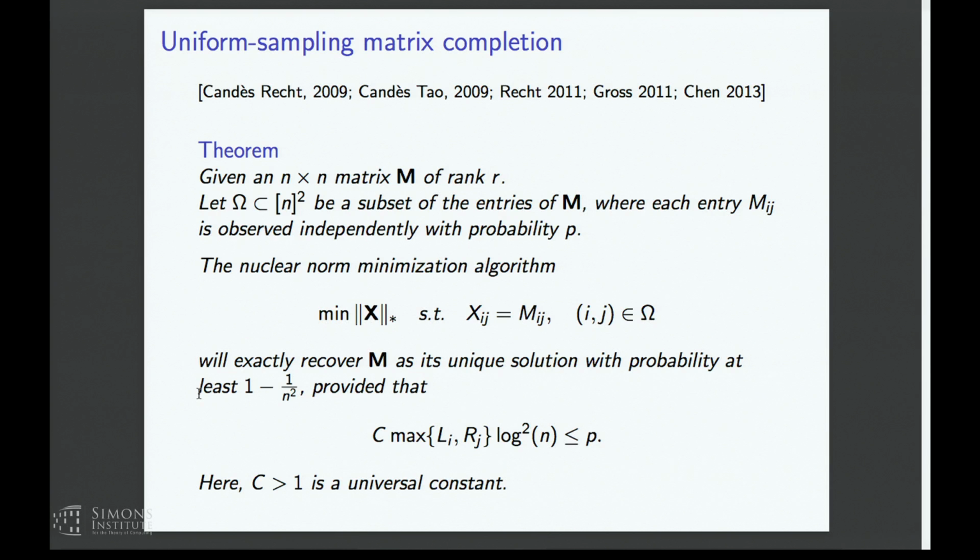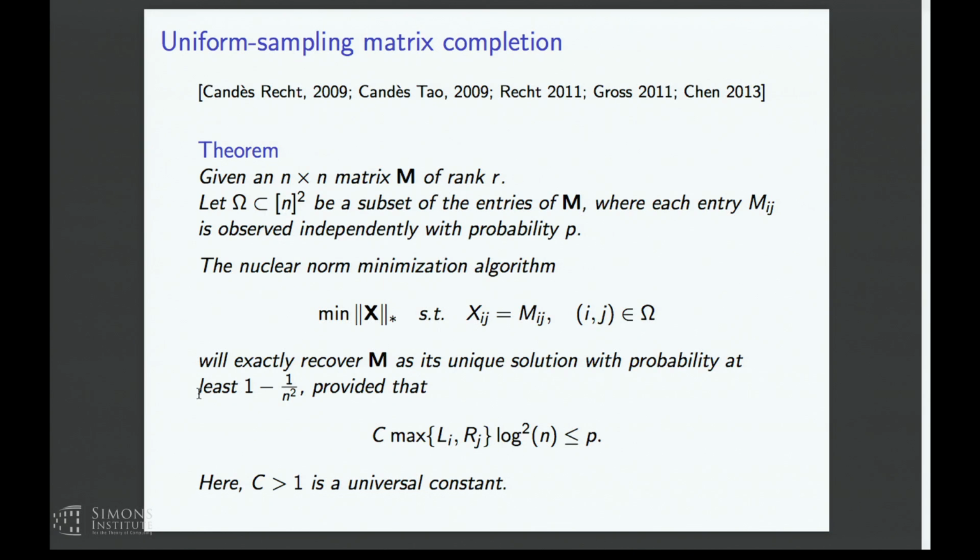Okay. So after many works, and probably more that I couldn't mention here, I think most recently with Yudong Chen in 2013, we have the following uniform sampling matrix completion result.